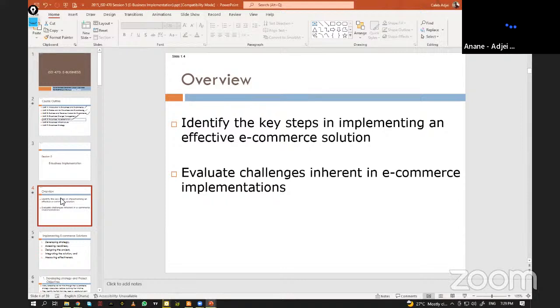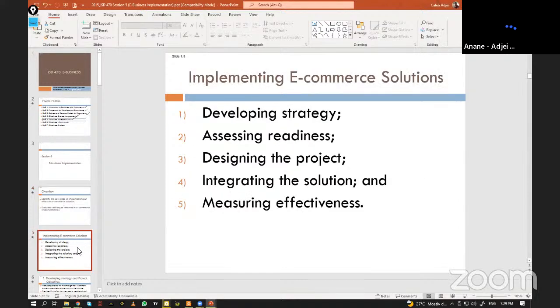Then we will look at implementing e-business solution. So let's continue from here.